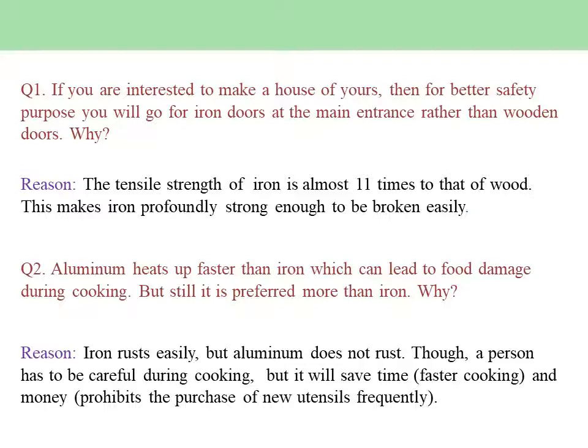Since it will be used for cooking, definitely washing is involved, and since washing is involved, definitely water is involved. Water is one of the primary ingredients which leads to rusting of iron. So iron rusts easily, but aluminium does not. Though a person has to be careful during cooking, it will save time and money also.